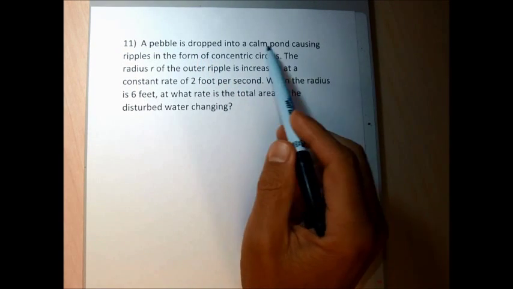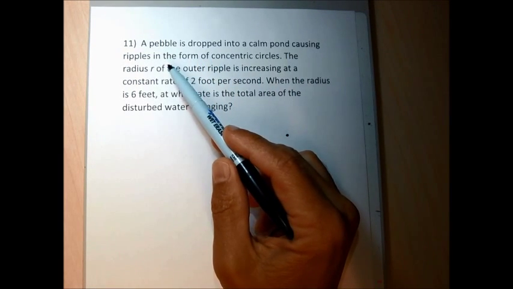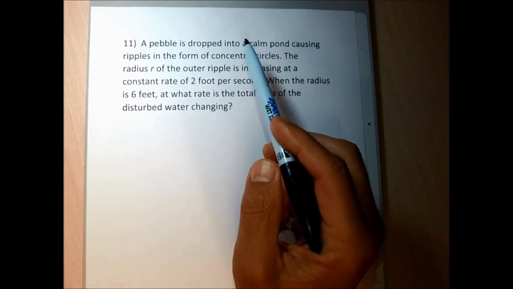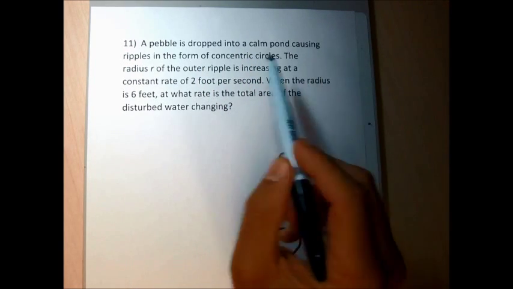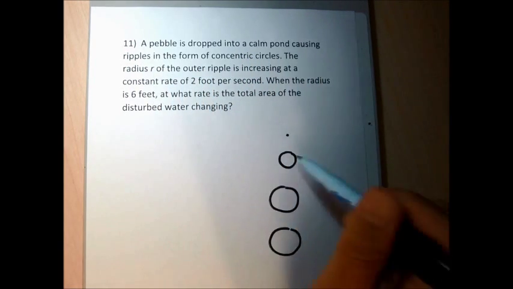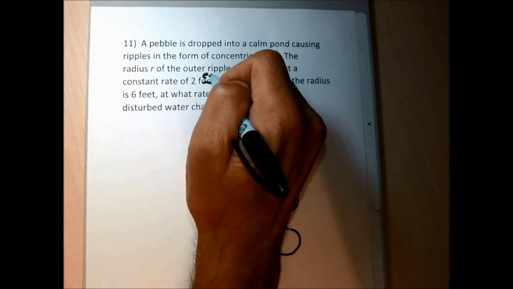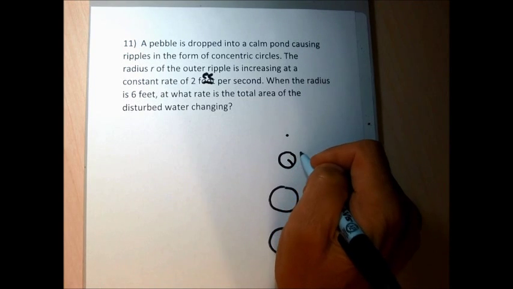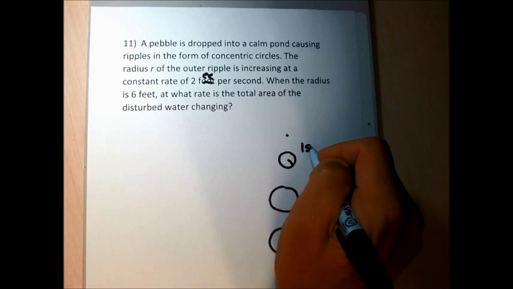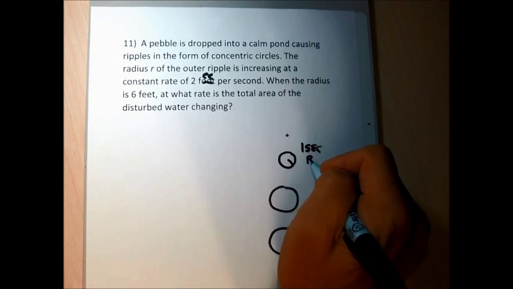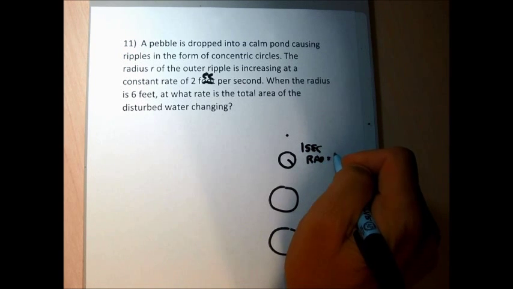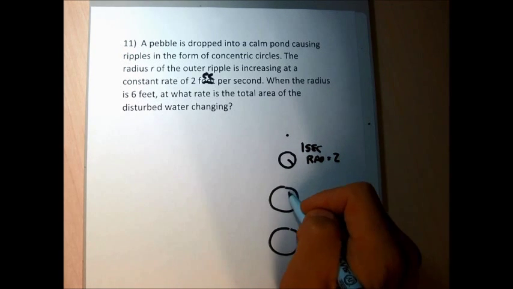A pebble is dropped into a pond, causing ripples to form in concentric circles, and the radius of the outer ripple, which is what I've drawn here, is increasing at a rate of 2 feet per second. So at 1 second, the radius is going to be 2 feet.